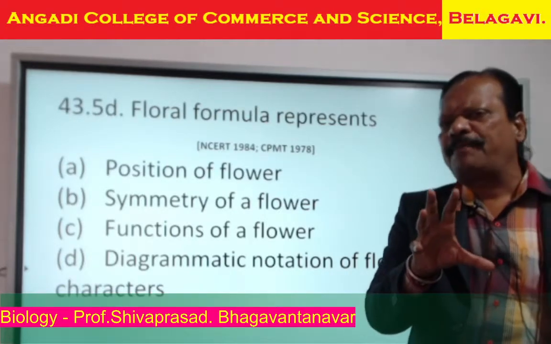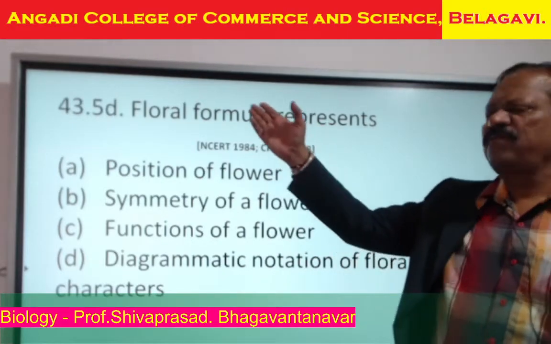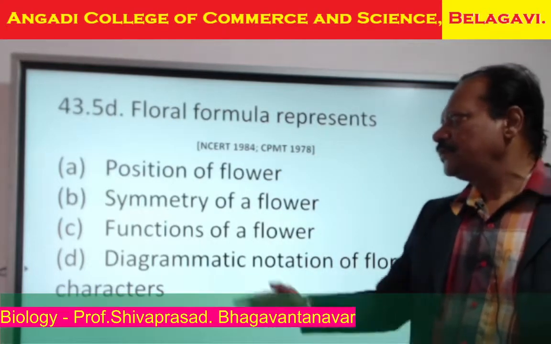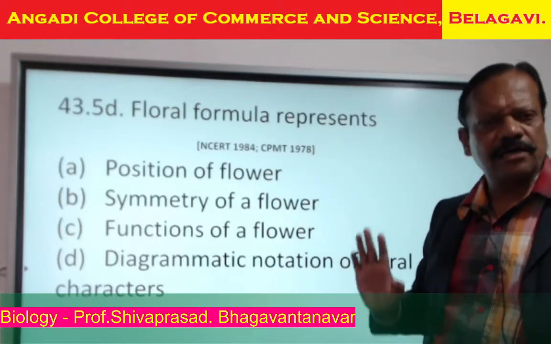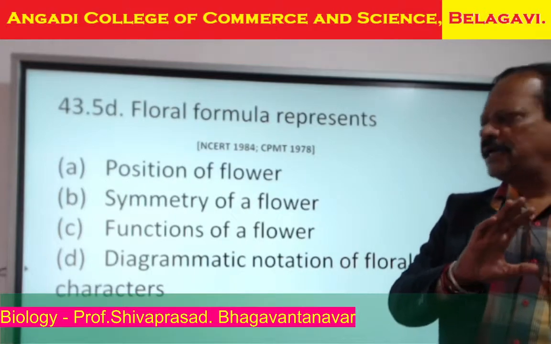So, for that purpose, a map is used. That we are calling it as a floral formula. We'll see the options now. Position of the flower, it is not correct. Symmetry of a flower, it is also not correct.